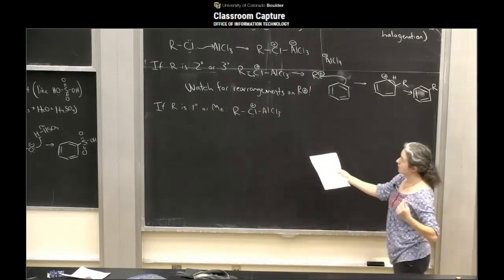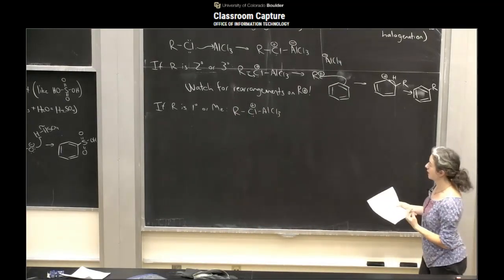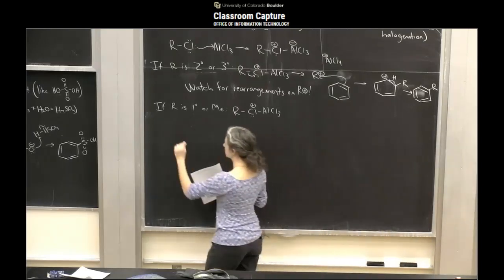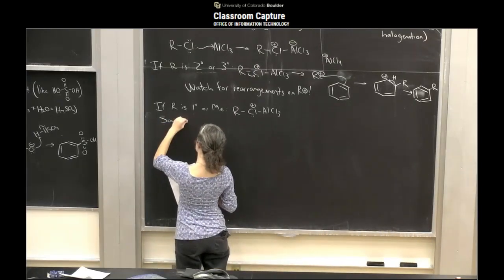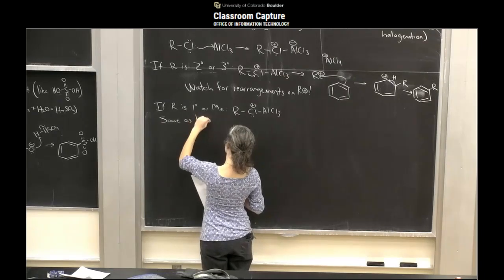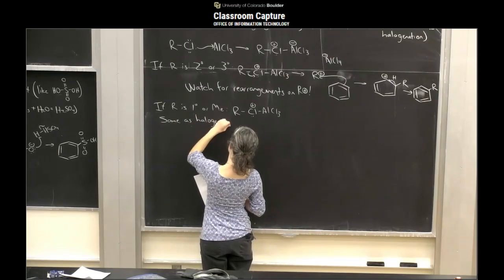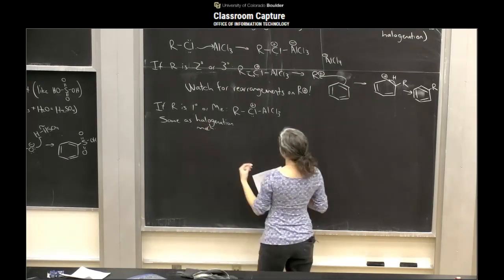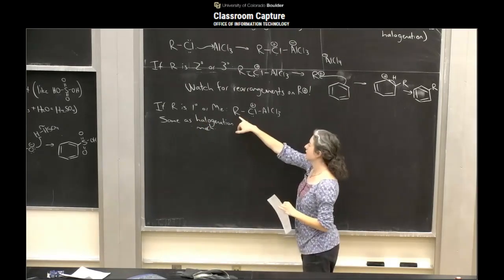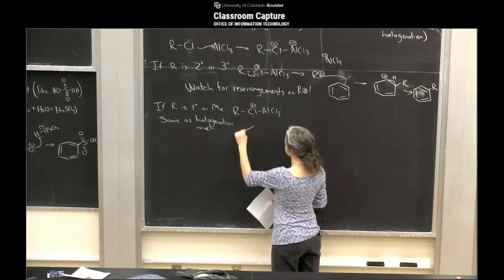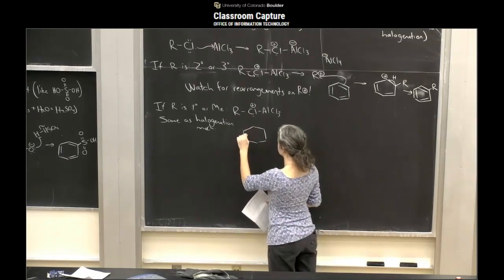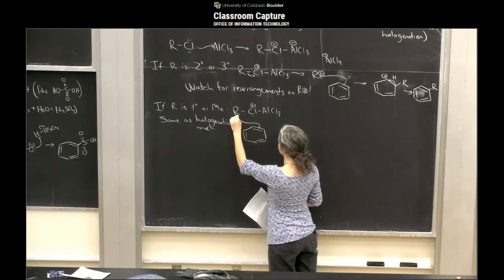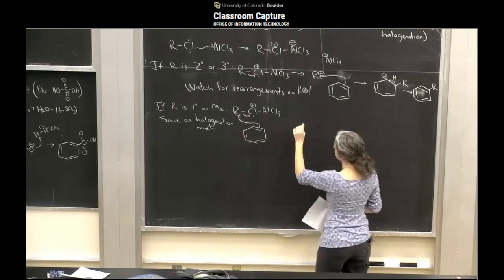In this case, it's actually going to do exactly the same thing halogenation did. So rather than breaking off a carbocation here, the ring's just going to come straight in, attack on R, and kick out the halogen at the same time.